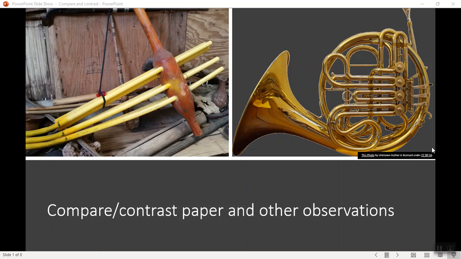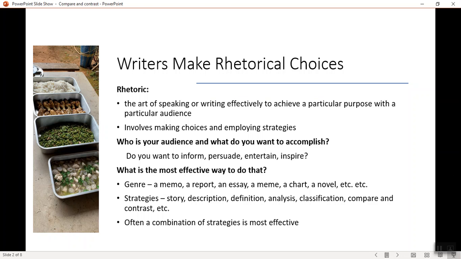So as long as we're talking about choices, let me just review a couple concepts from earlier in the trimester. Writers engage in making rhetorical choices all the time and throughout the whole writing process. And rhetoric is defined as the art of speaking or writing effectively to achieve a particular purpose with a particular audience.